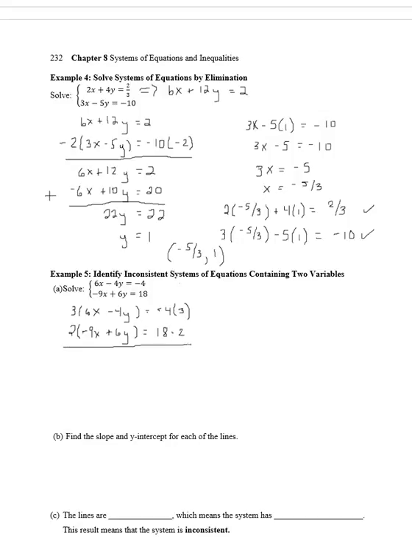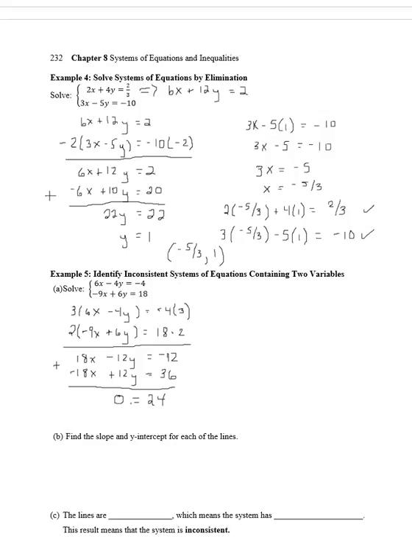Okay, so if we do the multiplication, we have 18x minus 12y equals negative 12. And we have negative 18x plus 12y equals 36. So now if we add these two equations together, well, the x's are gone and the y's are gone, so we're left with 0 on one side of the equation and 24 on the other.